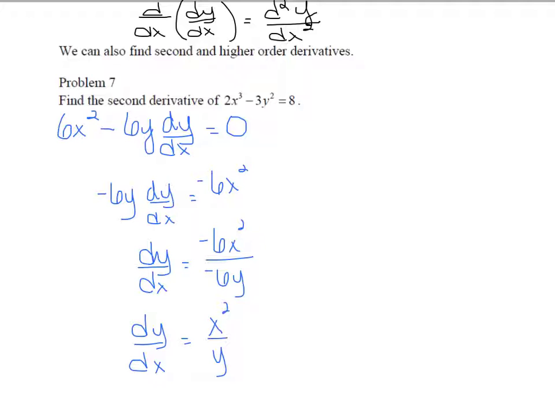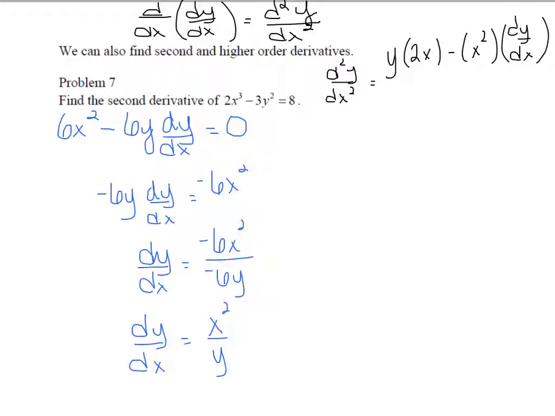I'm finding the second derivative, so d squared y over dx squared will be quotient rule. Low d high minus high d low, all divided by low squared. Interesting.